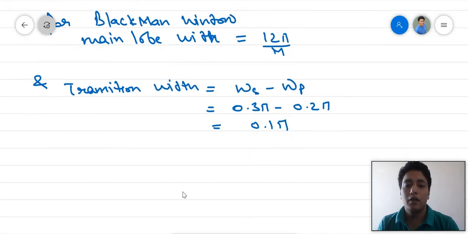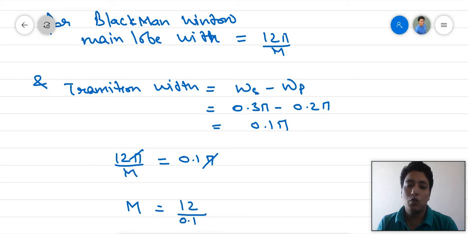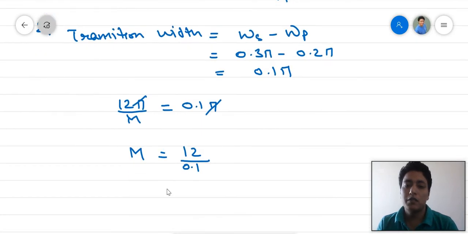Comparing the main lobe width with the transition width, which are approximately the same, gives 12 pi by M equals 0.1 pi. Pi cancels out. M is equal to 12 by 0.1, that means M should be greater than or equal to 120.